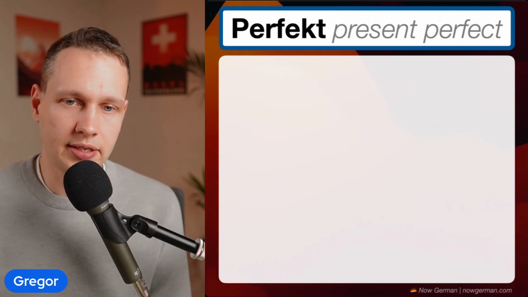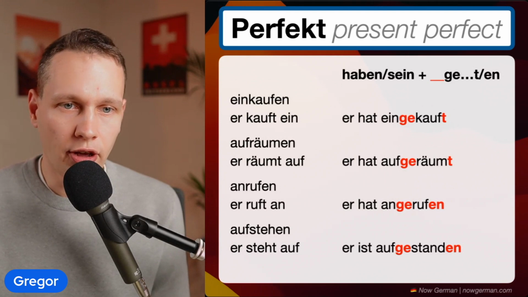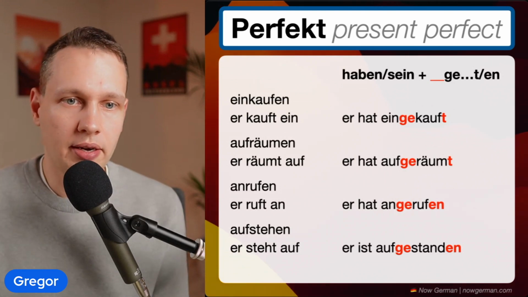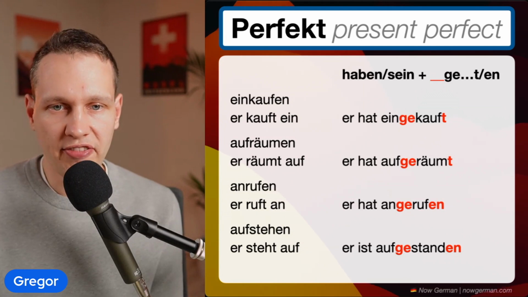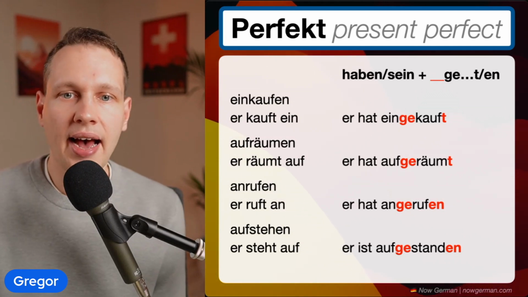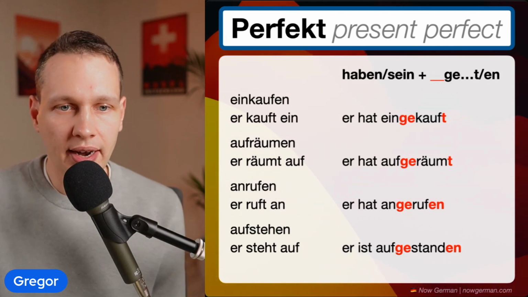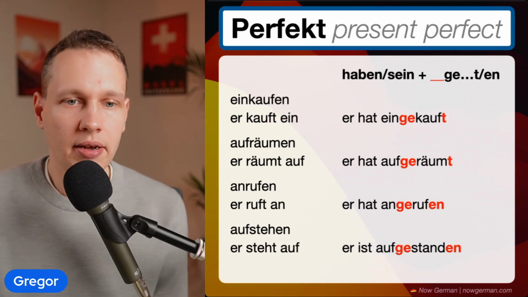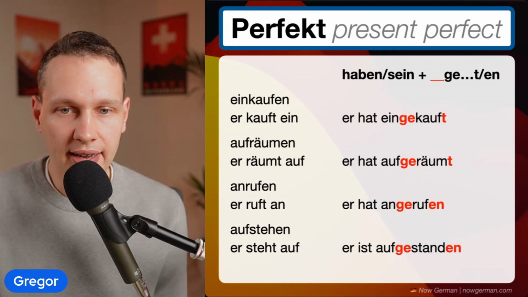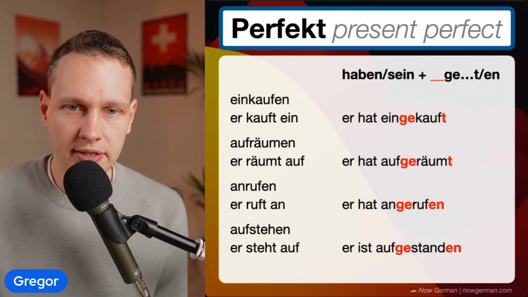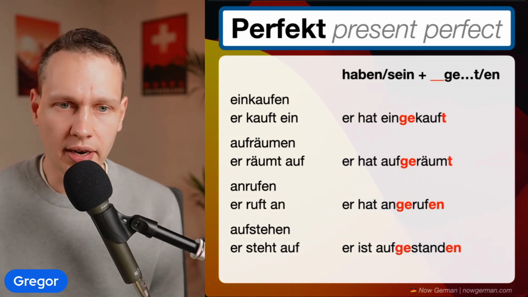Let's look at a few more examples. Aufräumen, to clean up. In the present tense, räumt auf, but in perfect, it is hat aufgeräumt. Anrufen, to call someone. Present tense, ruft an. Perfect, hat angerufen. This is an example of an irregular verb.